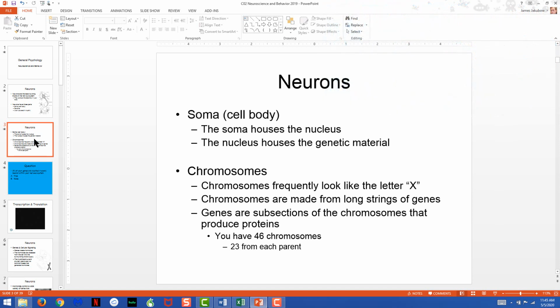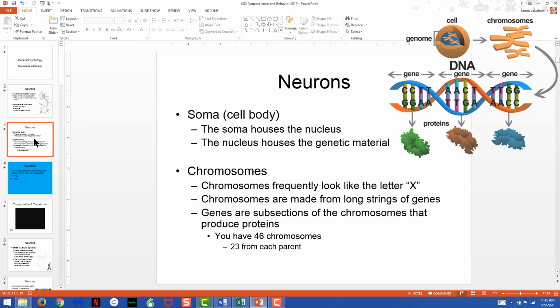Now, along this string, you will have various sections that will each be an individual gene. So you'll have, in a hypothetical sense, a 5-inch section that produces skin cells, and then a 17-inch section that will give you your eye color, and then a 3-inch section that will give you your hair color, and so on and so forth down the line.